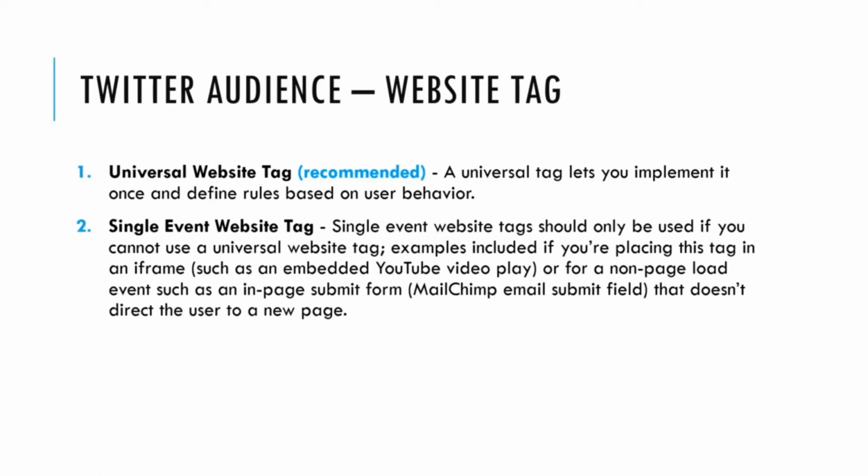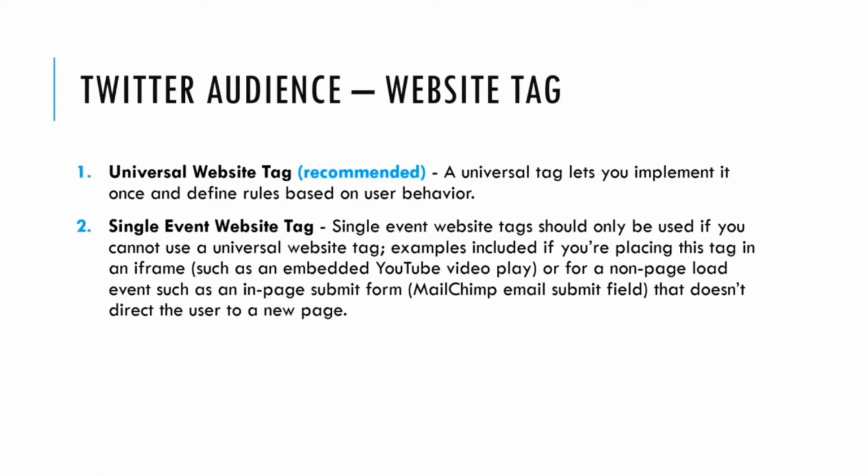So people don't have to go to another website, right? So you want to track that single event or YouTube video play, you can track it with this single event tag. Another non-page load event is an in-page submit form. For example, the MailChimp email submit field. Oftentimes you see that email submit field in the header on people's websites.